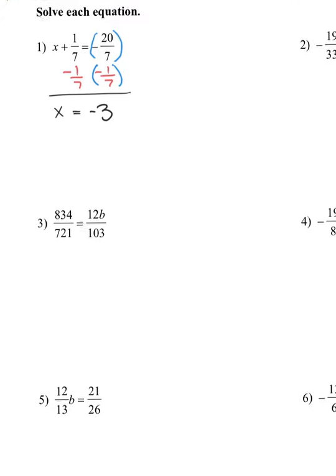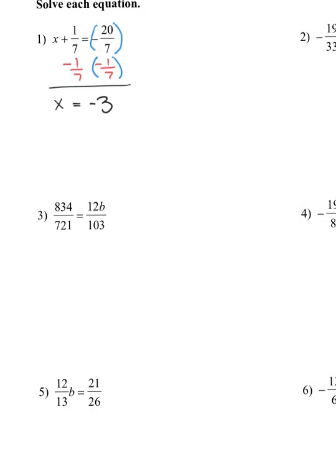If we look at number 3, I'm going to go down the column because it's easier for me to navigate it on this program. So if I look at number 3, I see two equal fractions. So the first thing that I'm going to do, since the b, the variable, is there, I'm going to cross multiply.